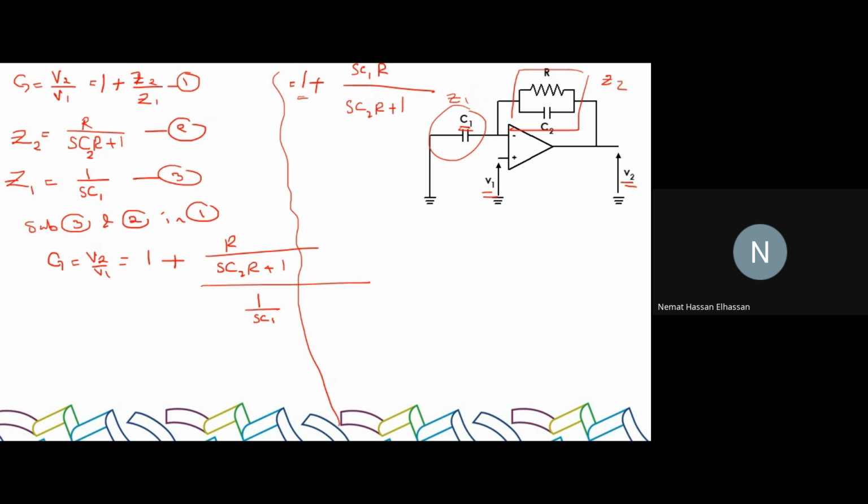It's still two terms, 1 and a fraction, right? So now let's combine it into a single term. What will be the common denominator? It will be this value, right? SC2R plus 1. Let's multiply the 1 by it. SC2R plus 1 plus SC1R. Correct? Yeah?